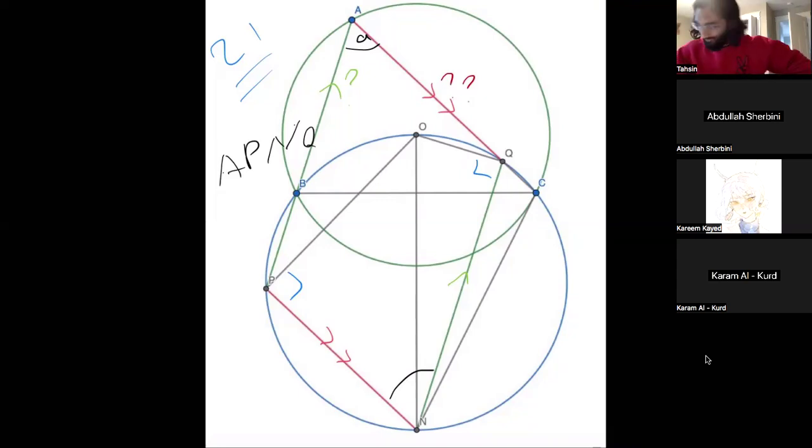I've actually forgotten how to solve this problem. So what can we do? Does anyone have any ideas?